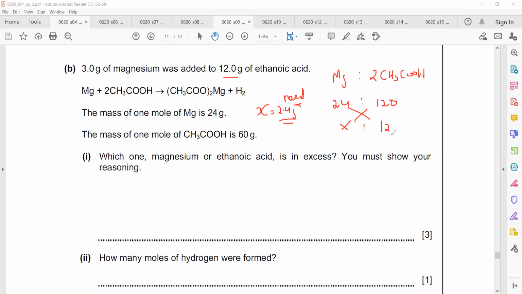This is what we need if we have 12 grams of ethanoic acid. But we have 3 grams of magnesium, so we have more than what we need. For a complete reaction, we need only 2.4, but we have 3 grams of magnesium. So what it shows is magnesium is in excess.